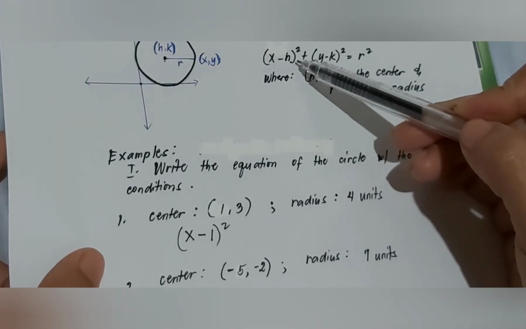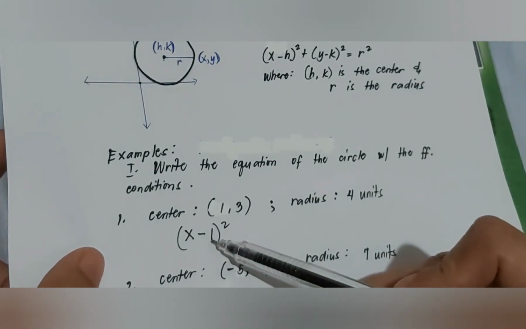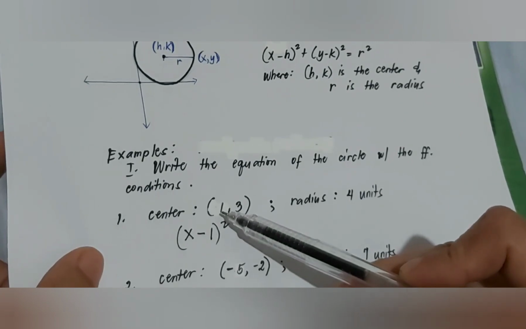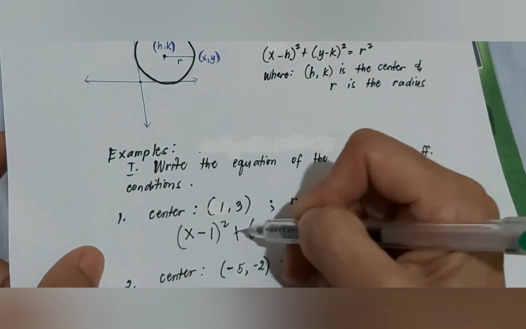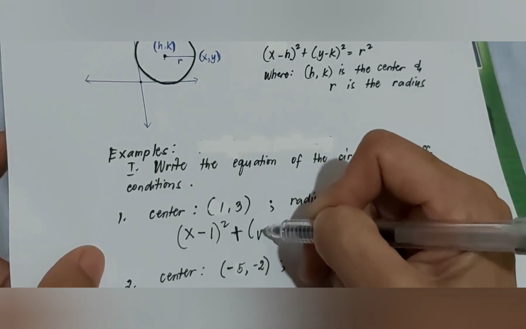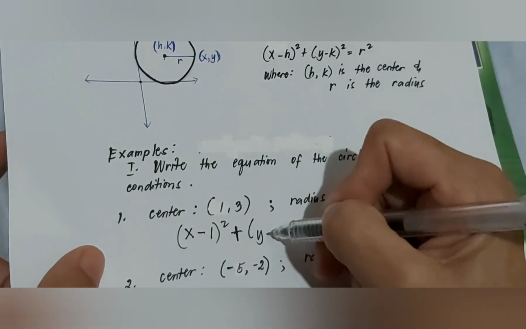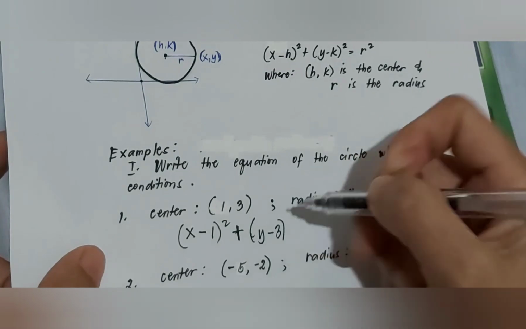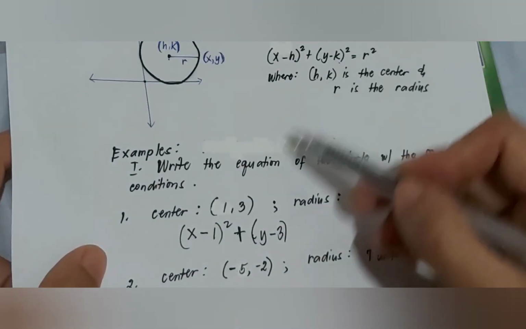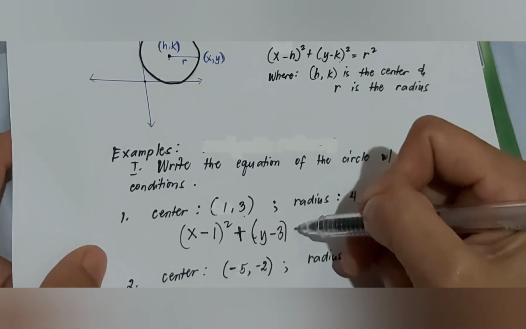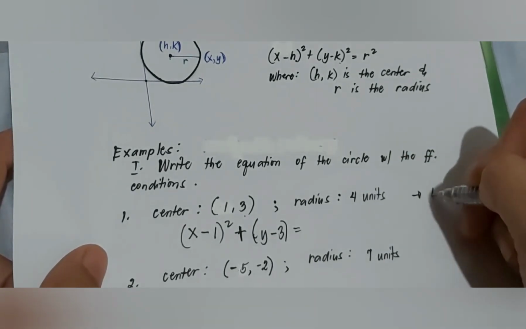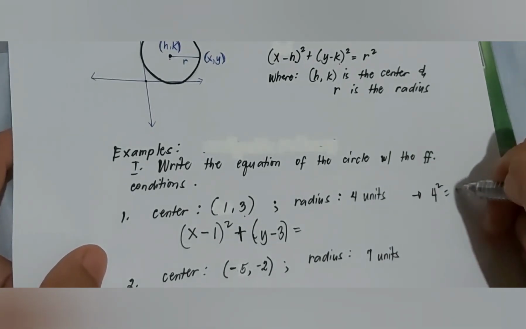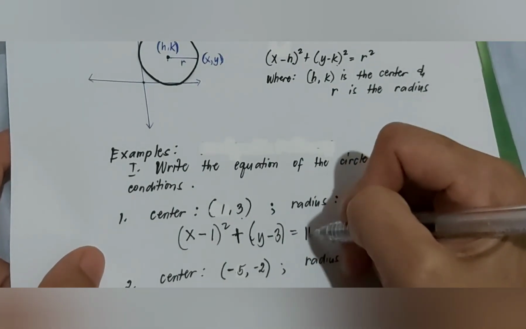The h is 1, plus (y minus 3). The k is 3. Equals, the radius is 4, so I can get 4 squared right away, which is 16. So this equals 16.